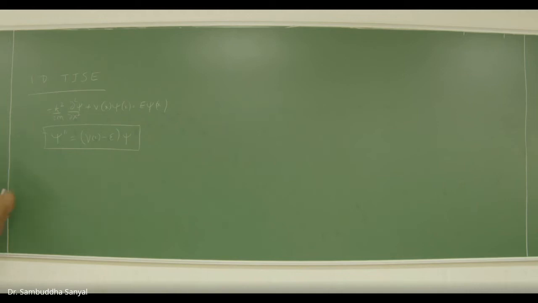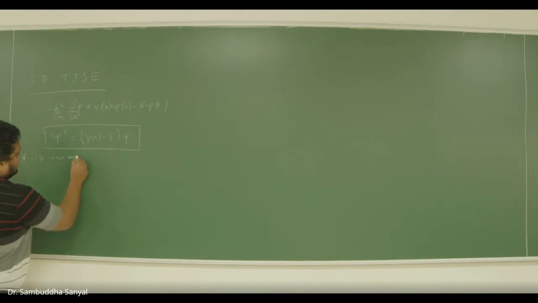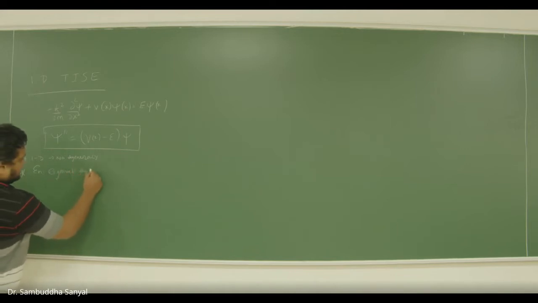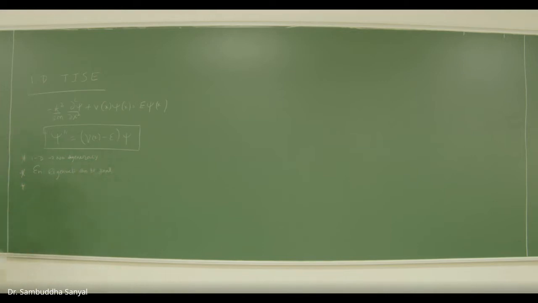We earlier discussed 3 theorems for which I gave you an intuitive proof but not a rigorous proof, which you can find in any book. First is that in 1D there is no degeneracy. Second is that the eigenfunction can be real, it's a choice.